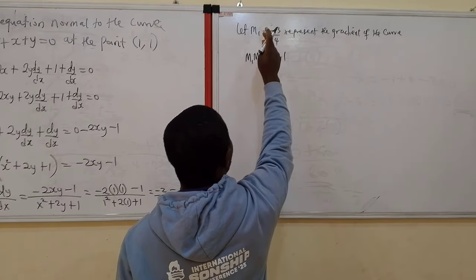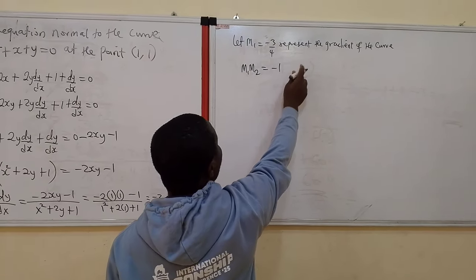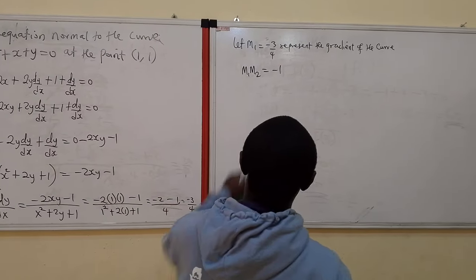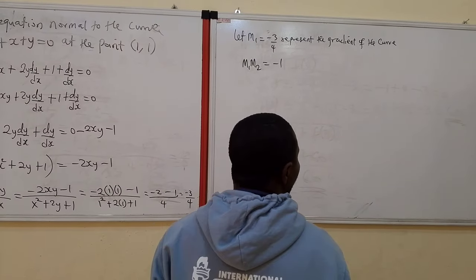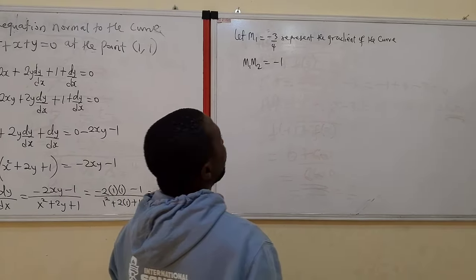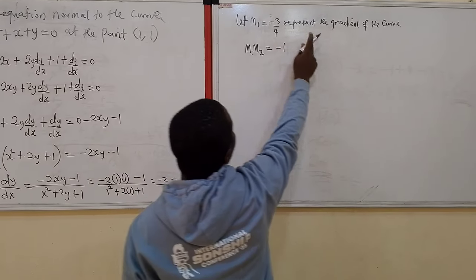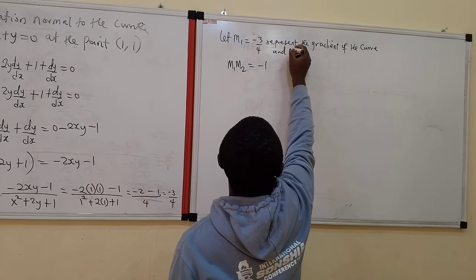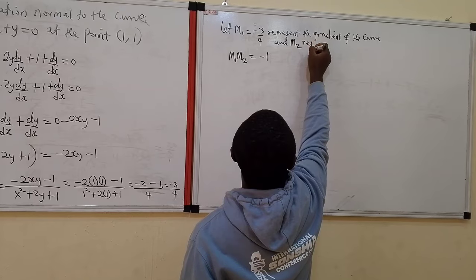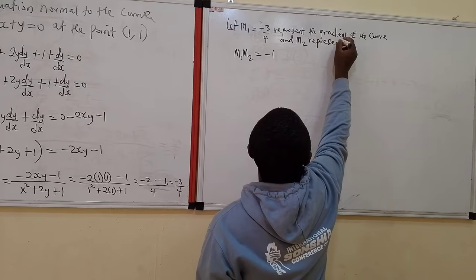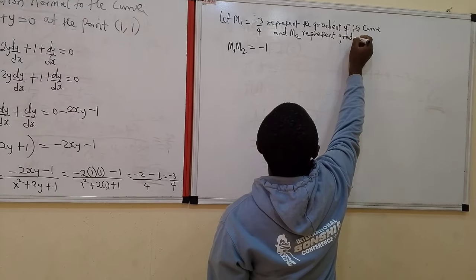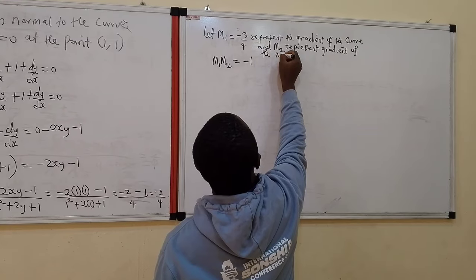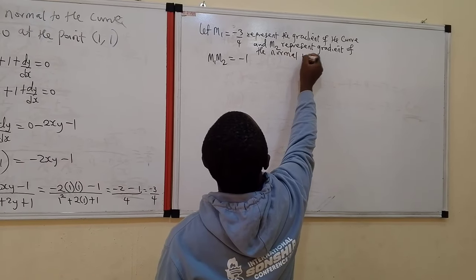Now, my m1 is this, then my m2 is going to be the gradient of the normal to the curve. Let m1 represent the gradient of the curve, and m2 represent the gradient of the normal to the curve.